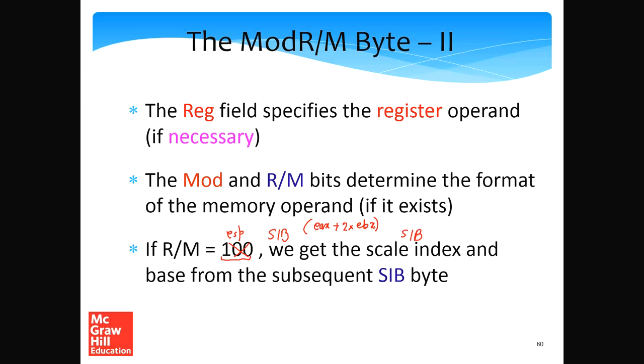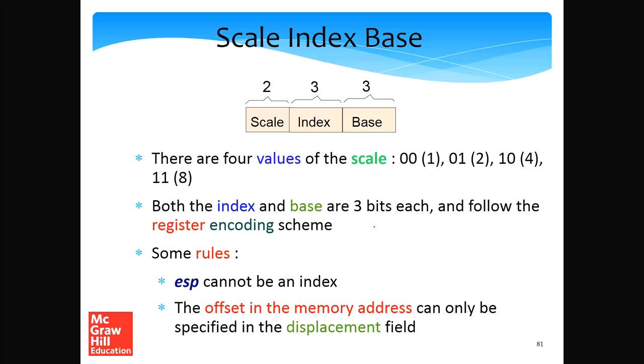So something like EAX plus 2 times EBX. Alright. So let's take a look at the SIB byte: the scale, index, and base. In this case, this is an 8-bit field. So there are 2 bits for the scale. So there are 4 values of the scale: 00, 01, 10, and 11. 00 specifies a scale of 1, right?